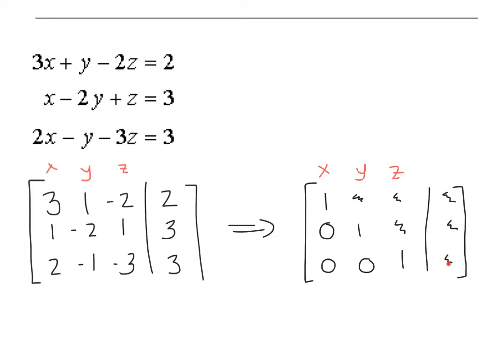Once we have z, we can plug it into the second equation and solve for what y is. And then once we have y and z, we can plug it into the first equation to solve for what x is. You'll see that in the example that we're going to do here. Just a little bit of terminology. This form of a matrix is called echelon form.